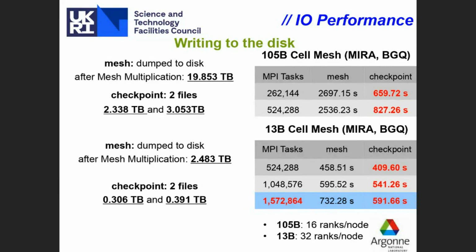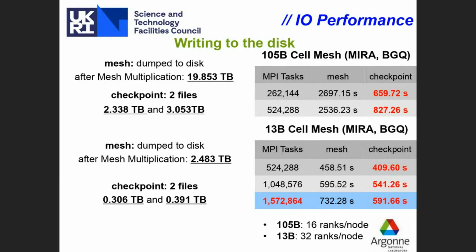The main one corresponds to UVWP, and the second one usually with the extra physics. The simulations were run on 250,000 and 500,000 MPI tasks, and dumping the mesh was taking about, I think, 40 minutes.